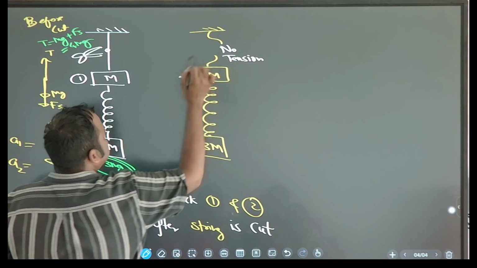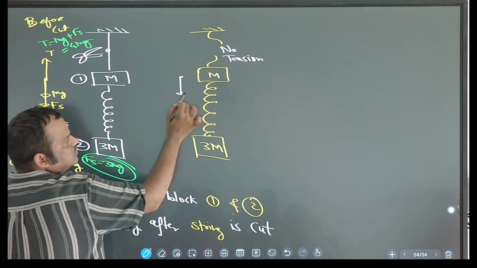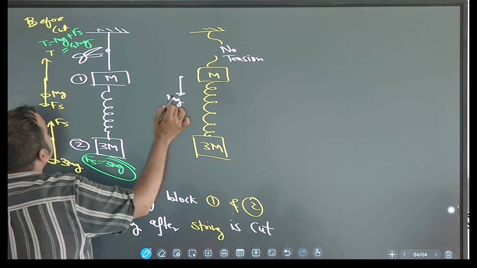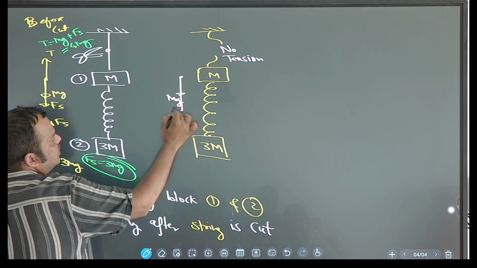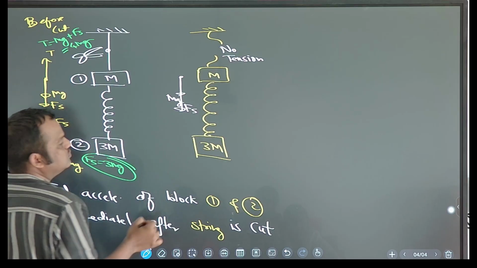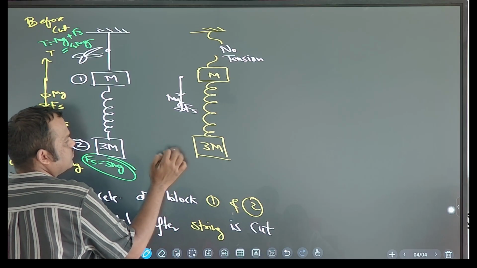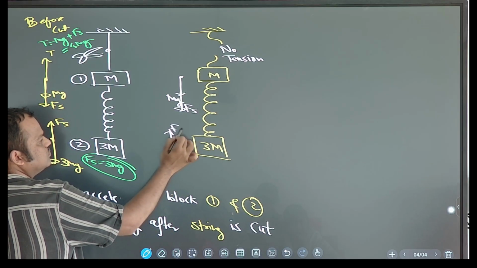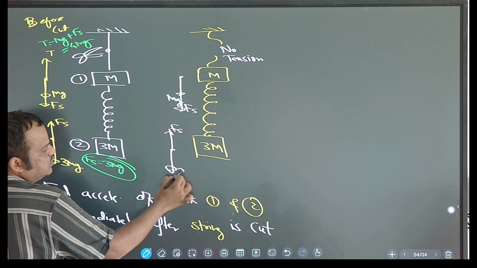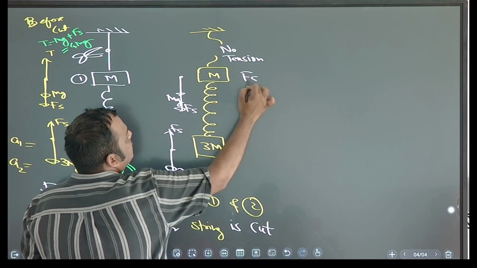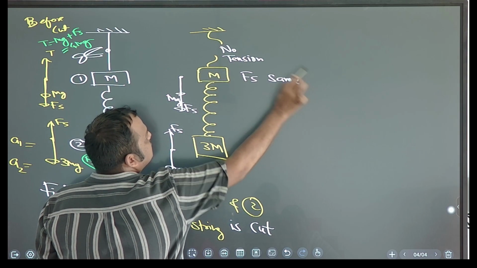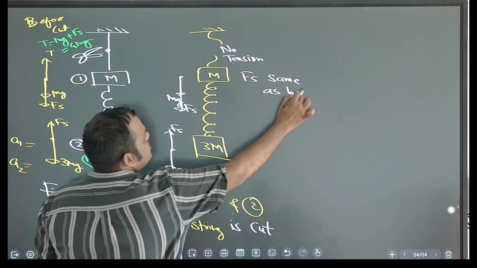Downward force, mg. Fs is also there. For 3m, Fs upward, 3 mg downward. Fs does not change. Fs is the same as before.